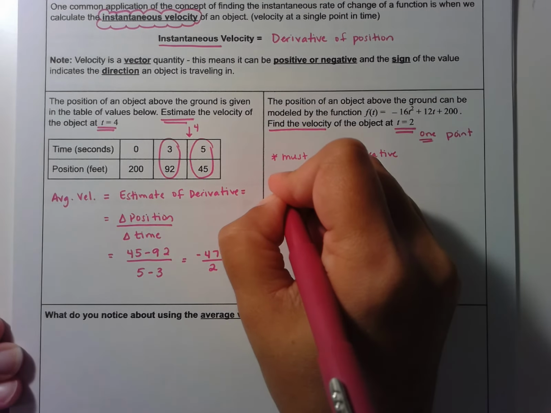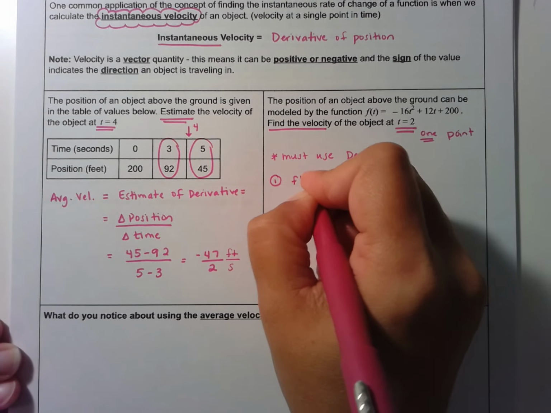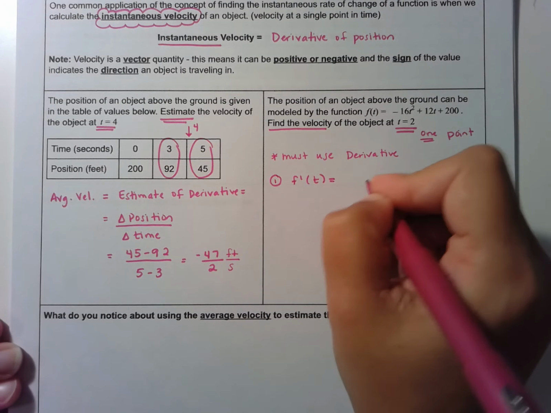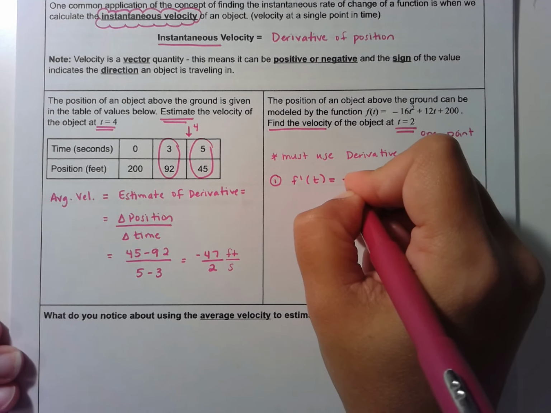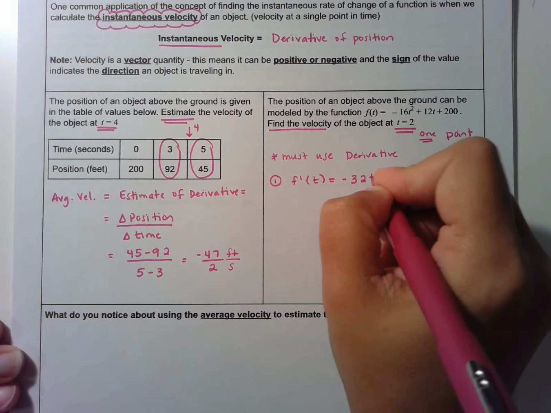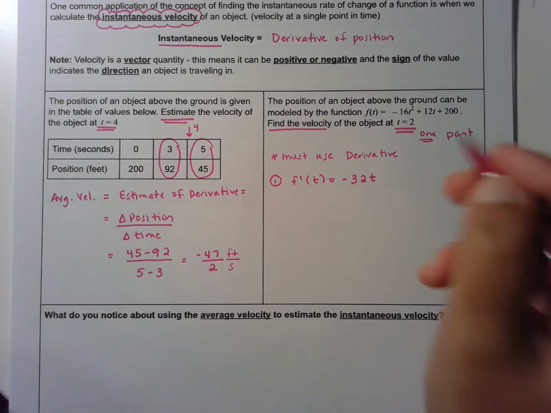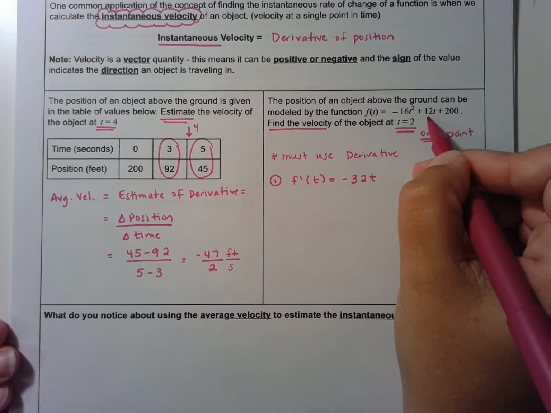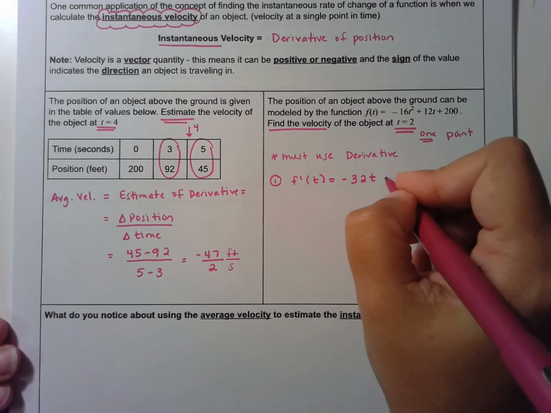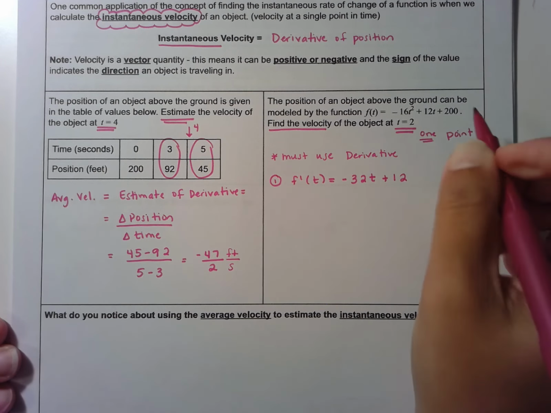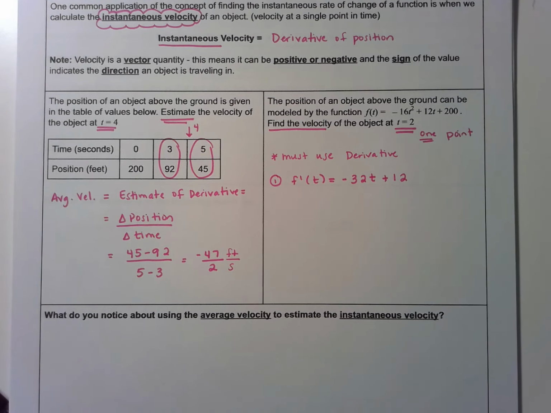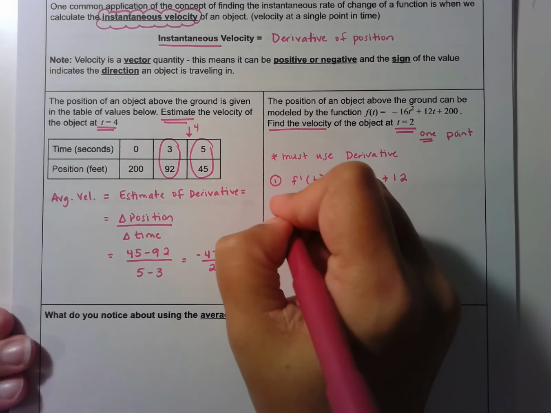So the first step here would be to find the derivative. So f prime of t equals, to use the power rule here, I would drop the 2, so negative 32t, and you could write to the first power, but it's not really necessary. And then the derivative of this single variable function would be plus 12, and the derivative of 200 would be 0. So that's my derivative equation.